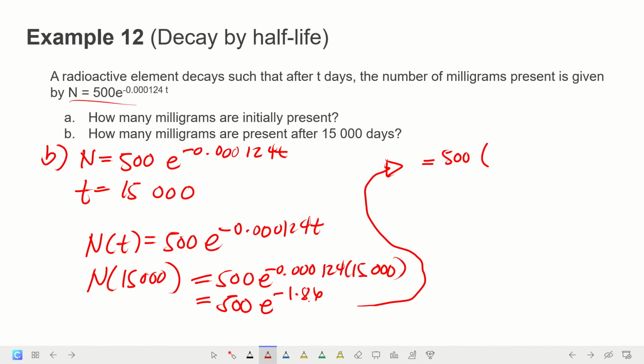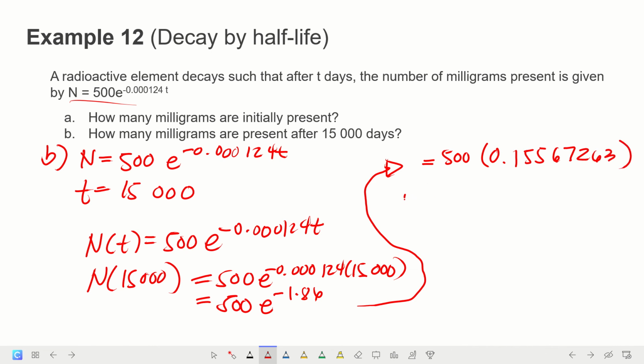So, e raised to negative 1.86 is equal to 0.15567, times 500.